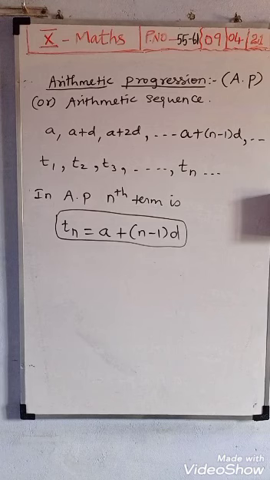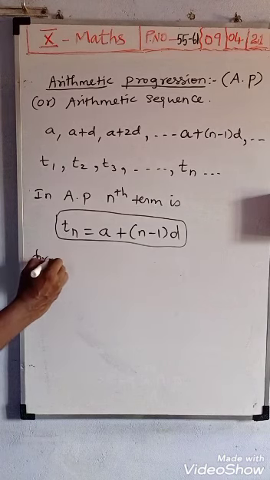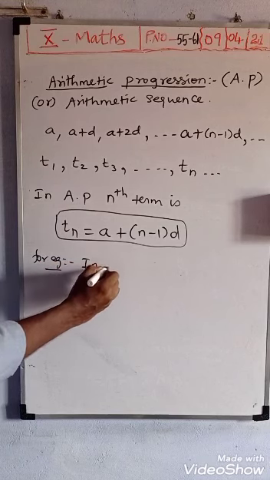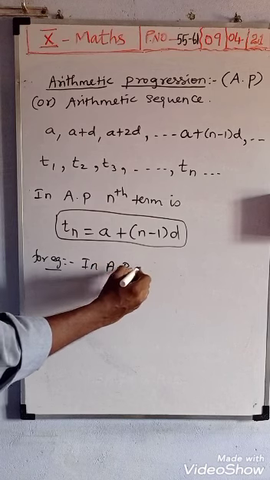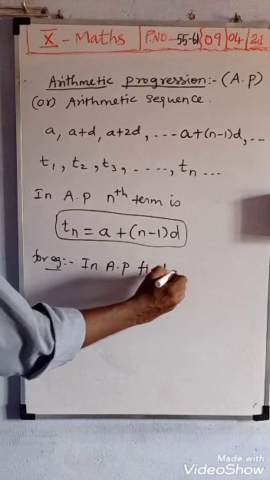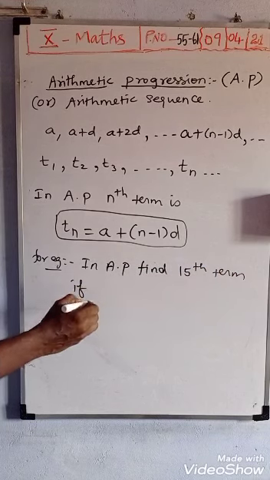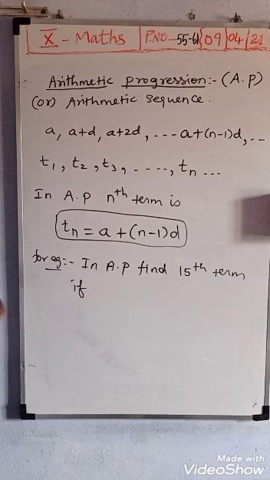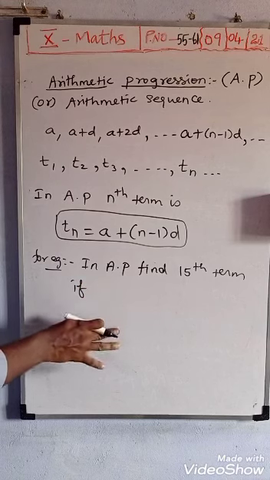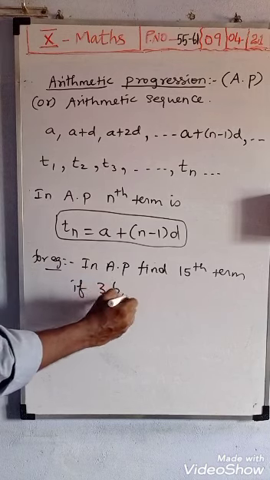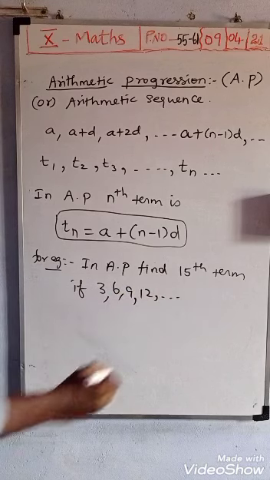So see, suppose for example, any sequence in an arithmetic progression, find the 15th term. For example, 3, 6, 9, 12, up to etc. It is given like that.